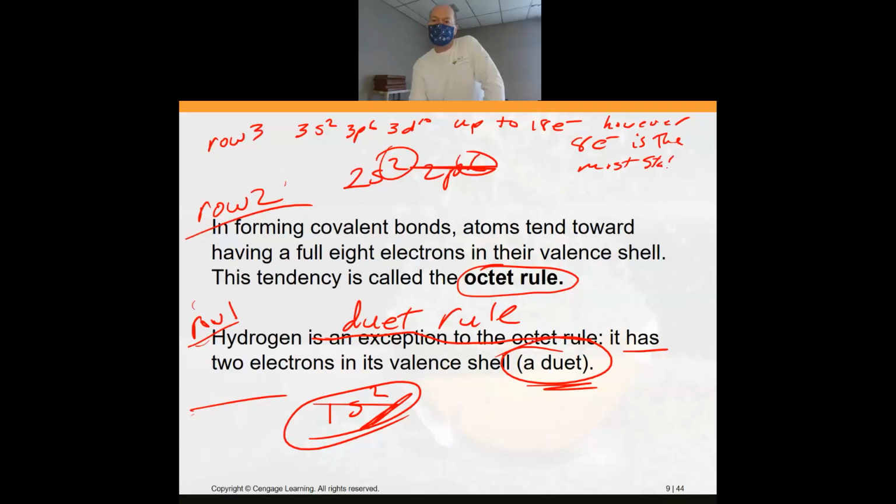Now you can call that the octet rule because 8 electrons is the most stable. But you can put in up to 18 electrons and not violate any rules. That's row 3. In row 2, if you put in more than 8, you have violated the octet rule, and that does not exist.